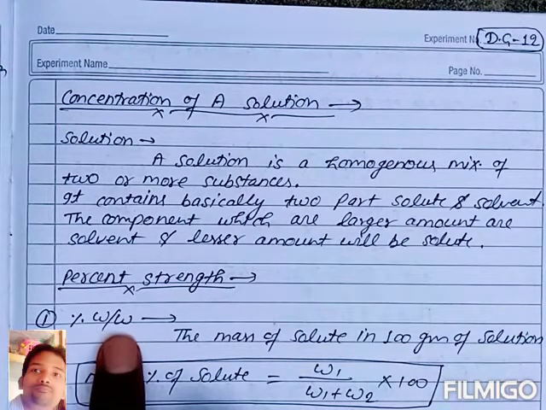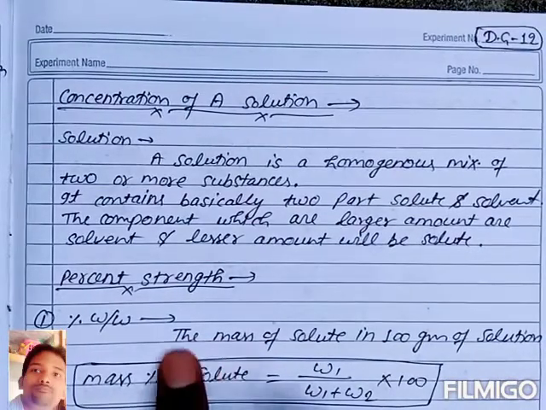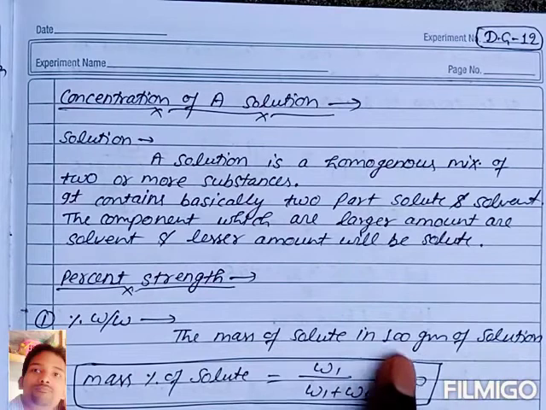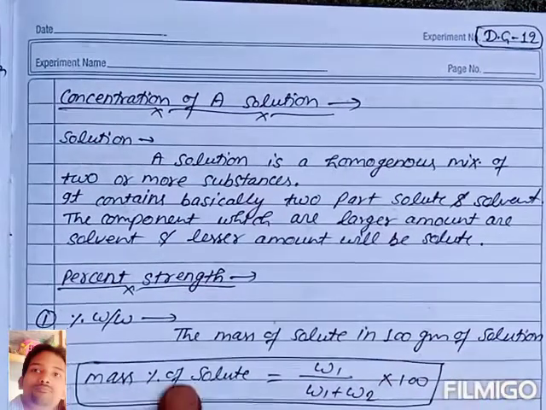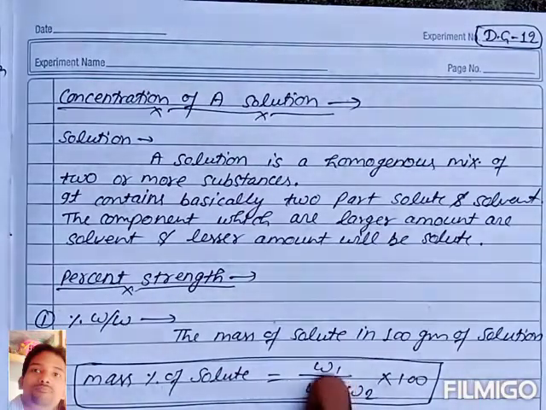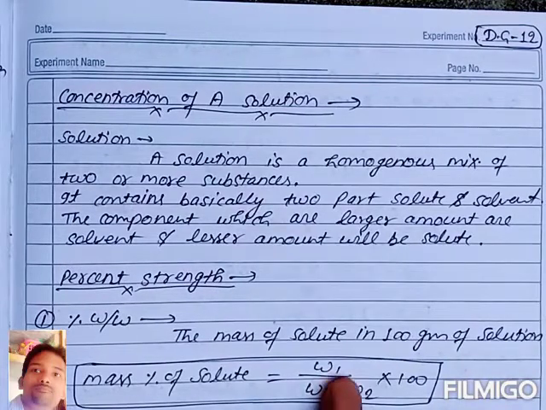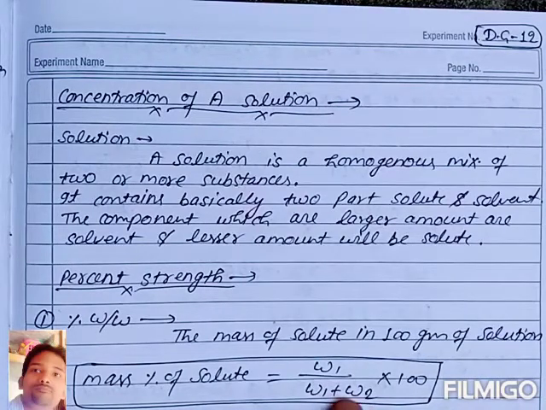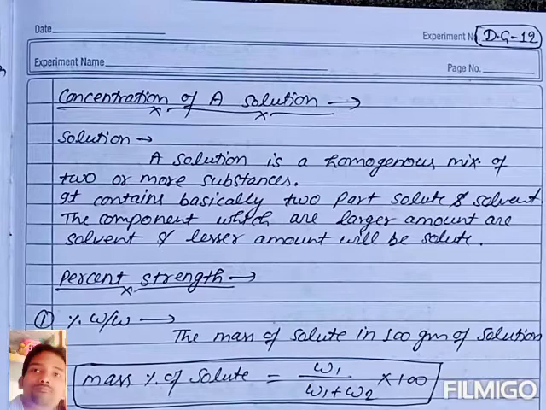Number one is the percentage W by W, the mass of solute in 100 gram of solution. If the mass of solute is W1 and of solvent is W2, then the mass percent of the solute is equal to W1 divided by W1 plus W2, which is the mass of solution, into 100. Mass of solution is equal to W1 plus W2.